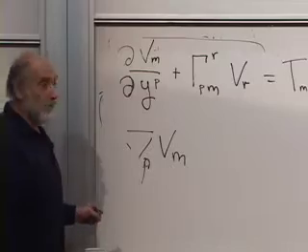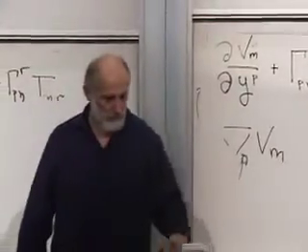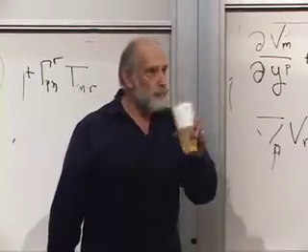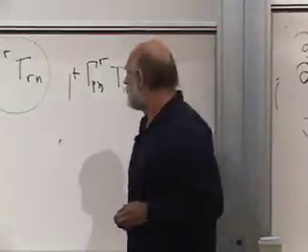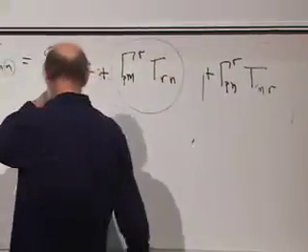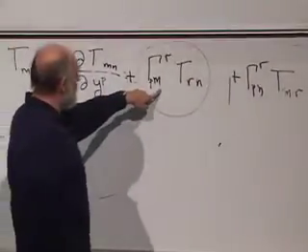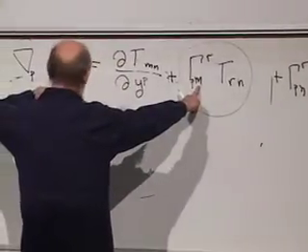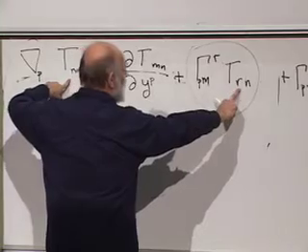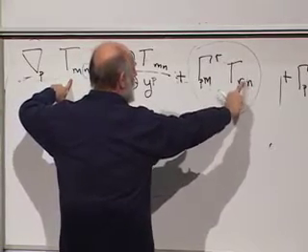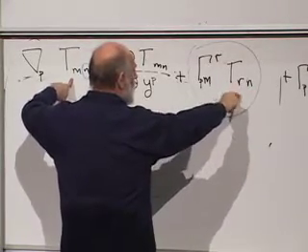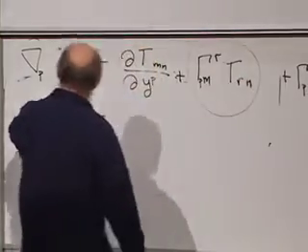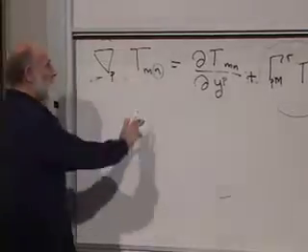I have a question. I assume that you can swap an index with a repeated index. In the middle term there, you could have also written T sub n r if you wanted to. No, you can't put an r here. You can't interchange in general.